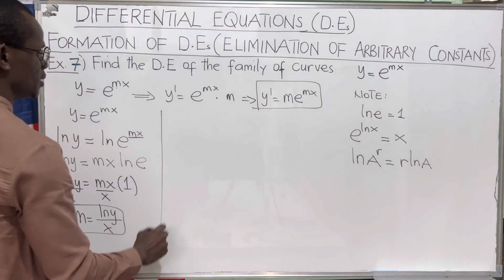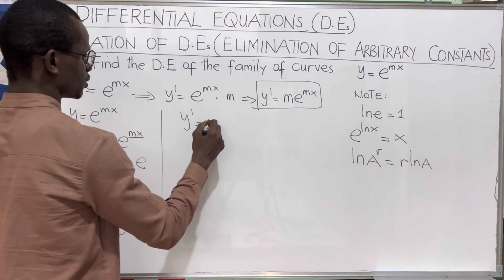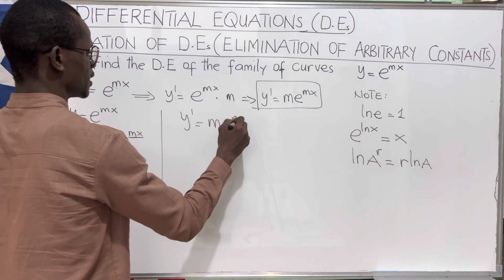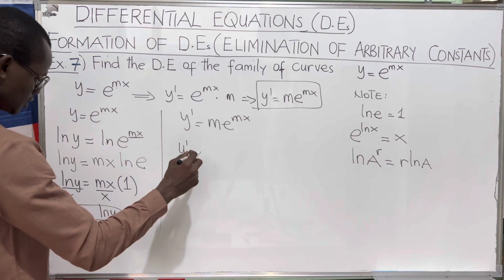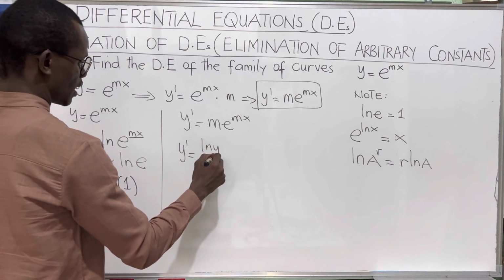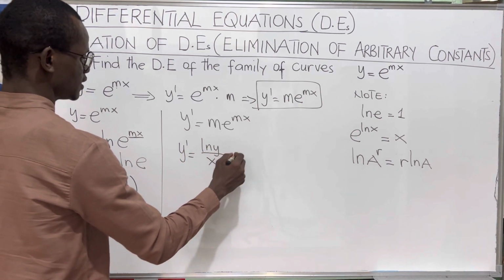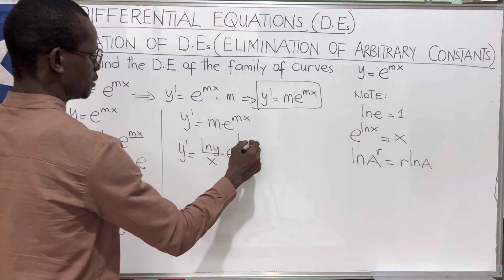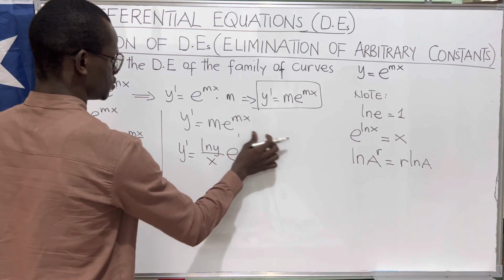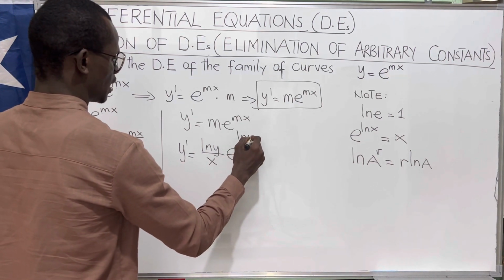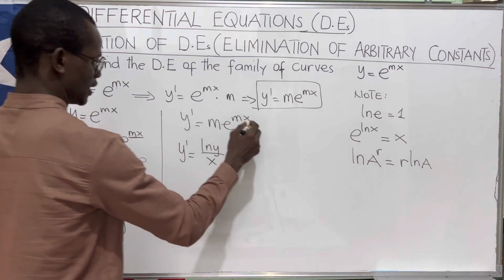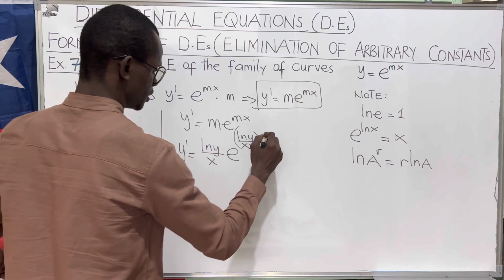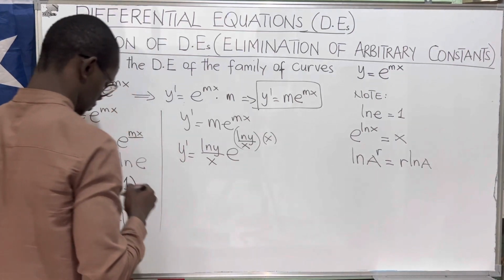Then we go back to the problem. We know that y prime equals m e raised to the power mx. So y prime equals, with m now being ln of y all over x, e raised to the power, let me do it properly, ln of y all over x is our m, and then times x.